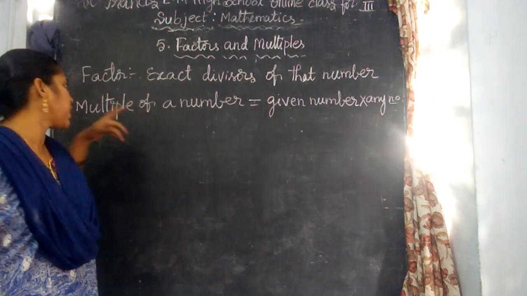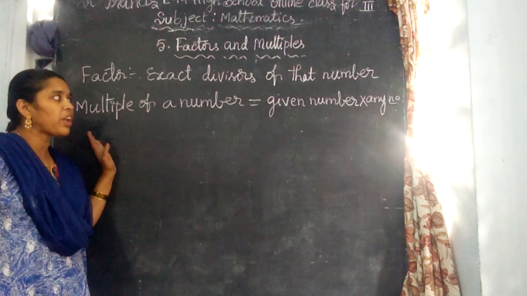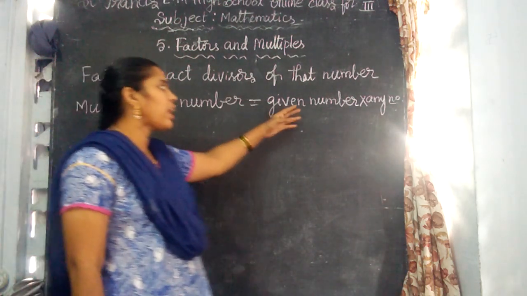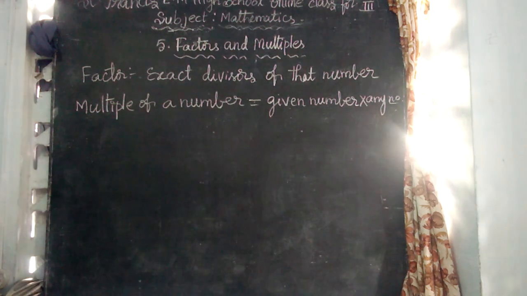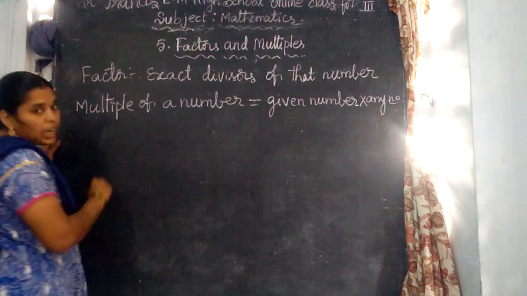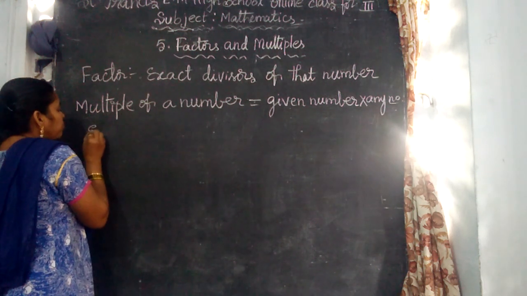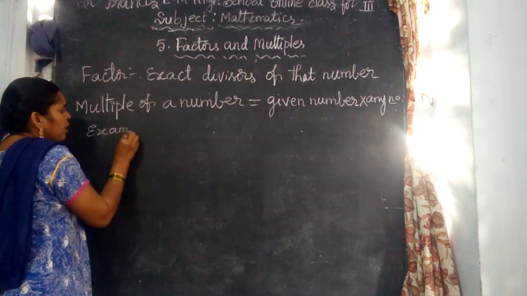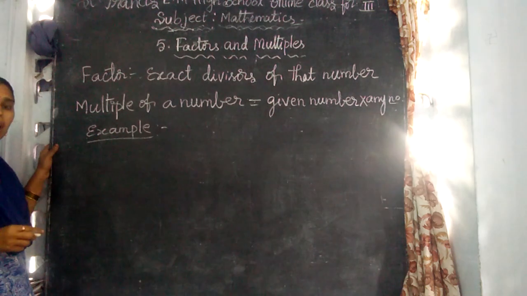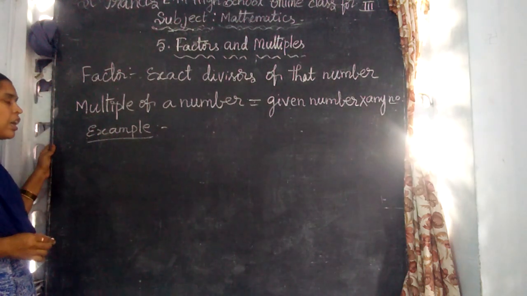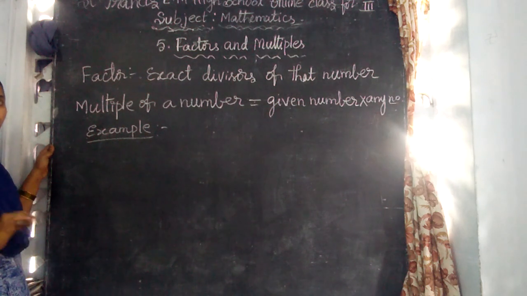Now I am going to explain multiples. A multiple of a number is the given number multiplied by any number. A multiple of a number is the product obtained when the given number is multiplied by the same number or any other number. For example, write the first 5 multiples of 5.